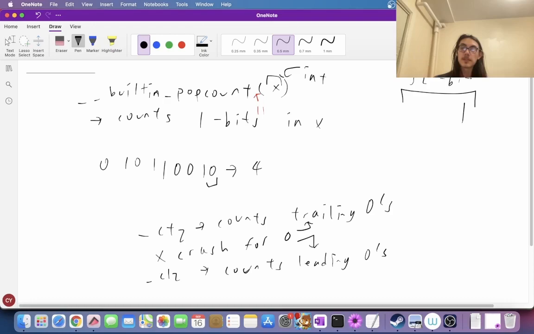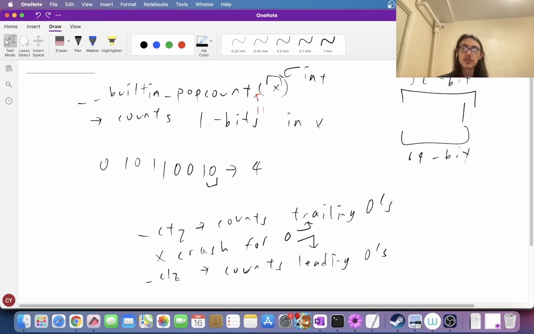For example, if it's 32-bit, there are 31 zeros before it. What if it's 64-bit? Then there are 63 zeros. So this entirely depends on the data size. And so all three of these functions will automatically convert to int, and then you have to specify ll by doing __builtin_ctzll or __builtin_clzll for long. So that's just something to keep in mind.